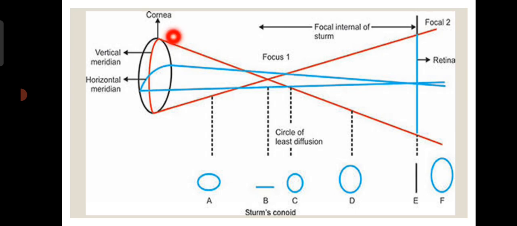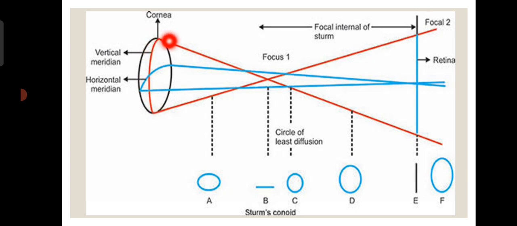See this diagram. This is the vertical meridian, right? The blue one is the horizontal meridian. This is the patient's cornea, right? So in case of astigmatism, what will happen?